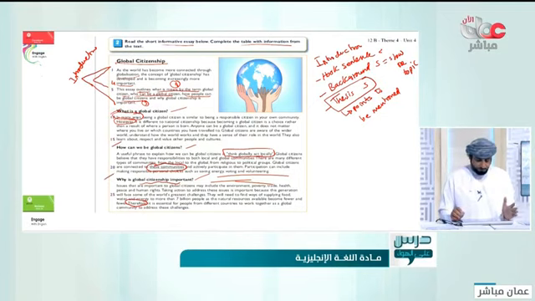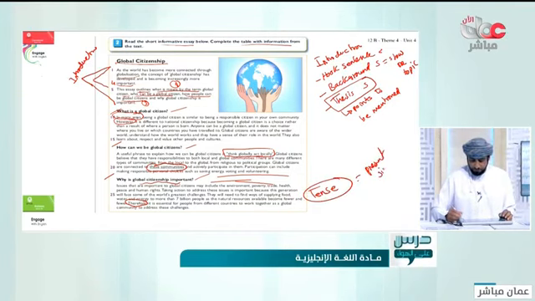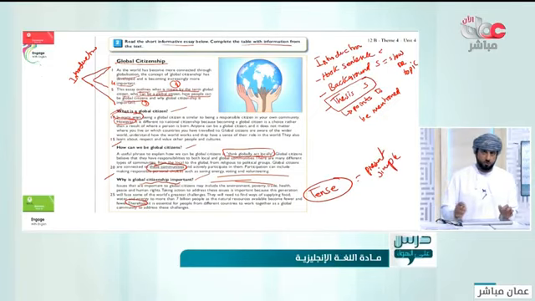So now what do we have to do? We have to read it again and try to concentrate on the tense of this paragraph. What is the tense of this paragraph? You will say, yes, it is present simple. This paragraph is in present simple because we are talking about an informative essay and we are giving information about something.